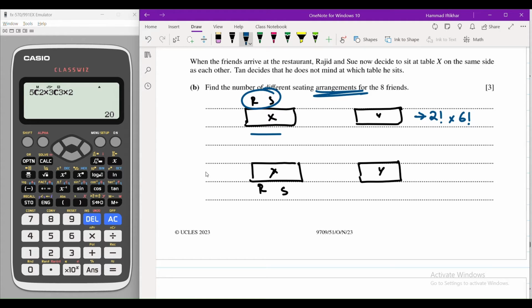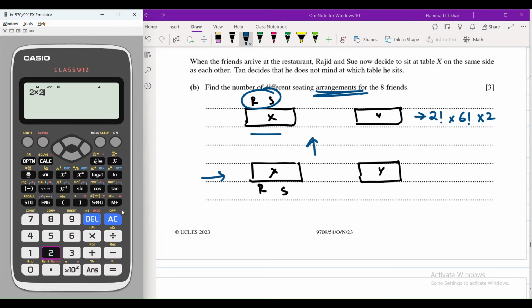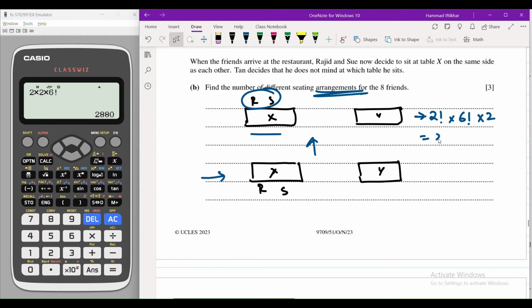Since this scenario is exactly identical to the first one, we just times it by 2. So 2 times 2 times 6 factorial, we get 2880.